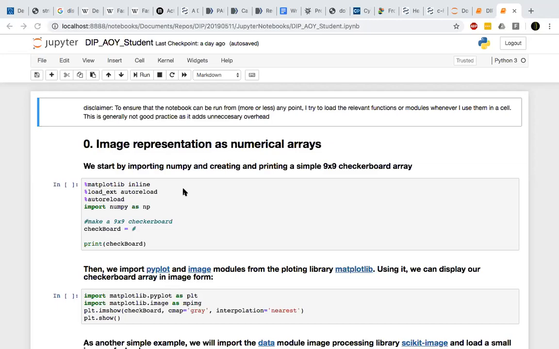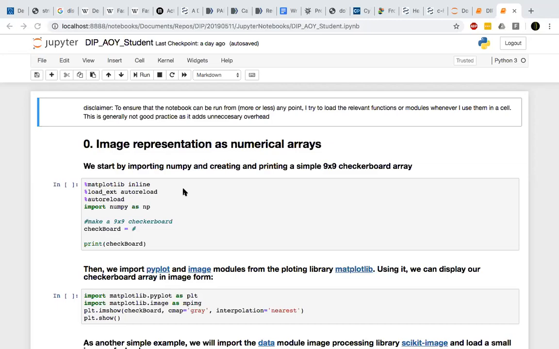So if I'm going to use NumPy, I'm going to load it at the beginning, and then use it throughout. However, in this case, I keep reloading it in multiple places, basically every time I use it. This is just to make sure that we can jump into any point and start working, and we don't have to run everything up to that point before we can go on.